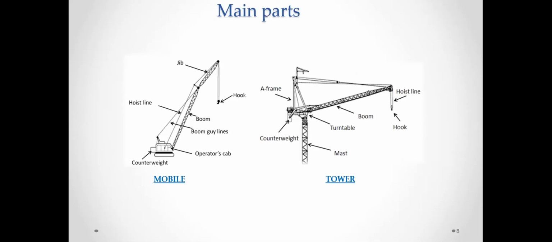Then we have the lattice boom, which is comprised of metal elements that are crossed and fastened together, so it spreads out the weight and the force, and the shape is like a diamond. For the tower crane, one of the differences is the mast, which supports the crane, and the turntable structure, which will go 360 degrees.